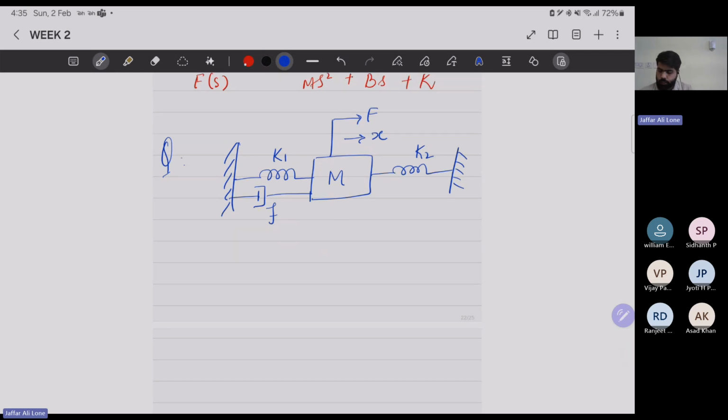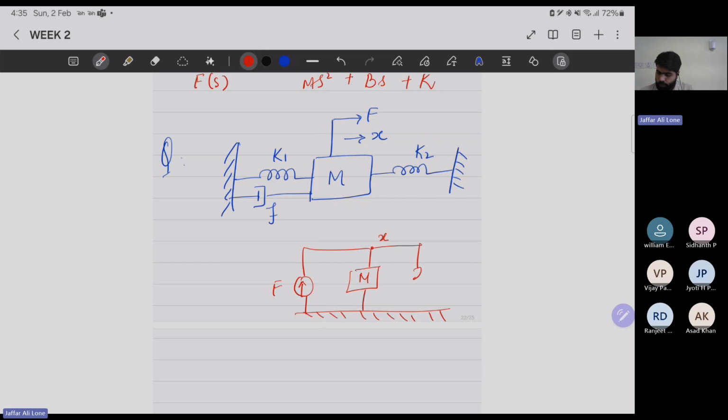For example, using the nodal method where I assume a node here, X, then draw this mass M and the ground here. Then this force is being applied to this mass.